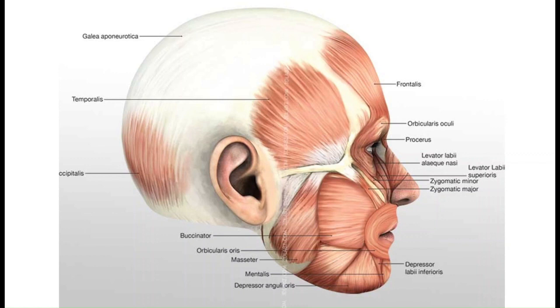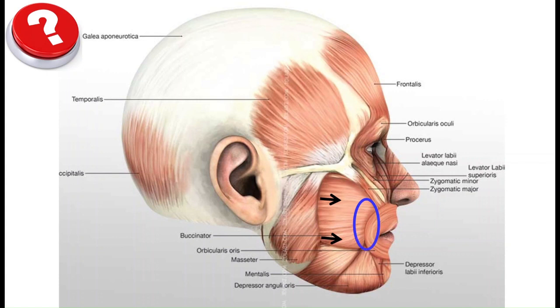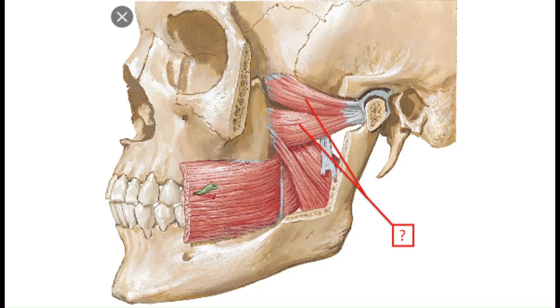The buccinator emerges from under the lateral margin of the masseter, and it goes to insert into the angle of the mouth and the superior and inferior lips. That is the external appearance of the buccinator.